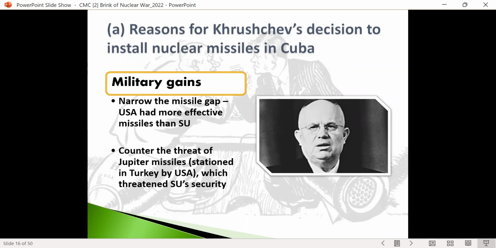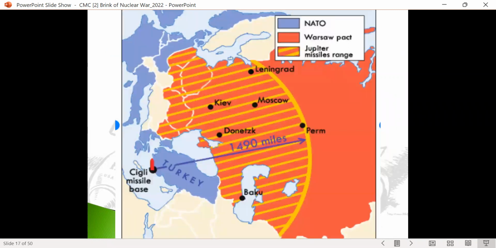Another very important thing at that point in time: the USA had stationed missiles in Turkey, which is in Europe. I will show you the map now. So, Turkey here. If you look at the legend here, NATO means all the other Western European countries on the side of the USA, Britain and France.